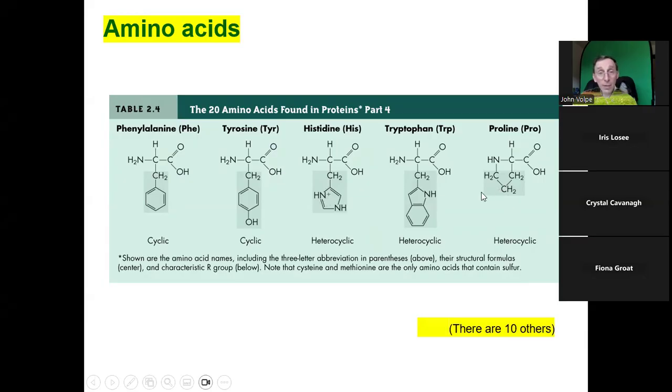So in amino acids, all amino acids have polar groups. The amino and the carboxyl group are always polar. And some of the R groups have polar regions to them, and then some of the R groups are nonpolar. That makes a protein have both polar regions and nonpolar regions.